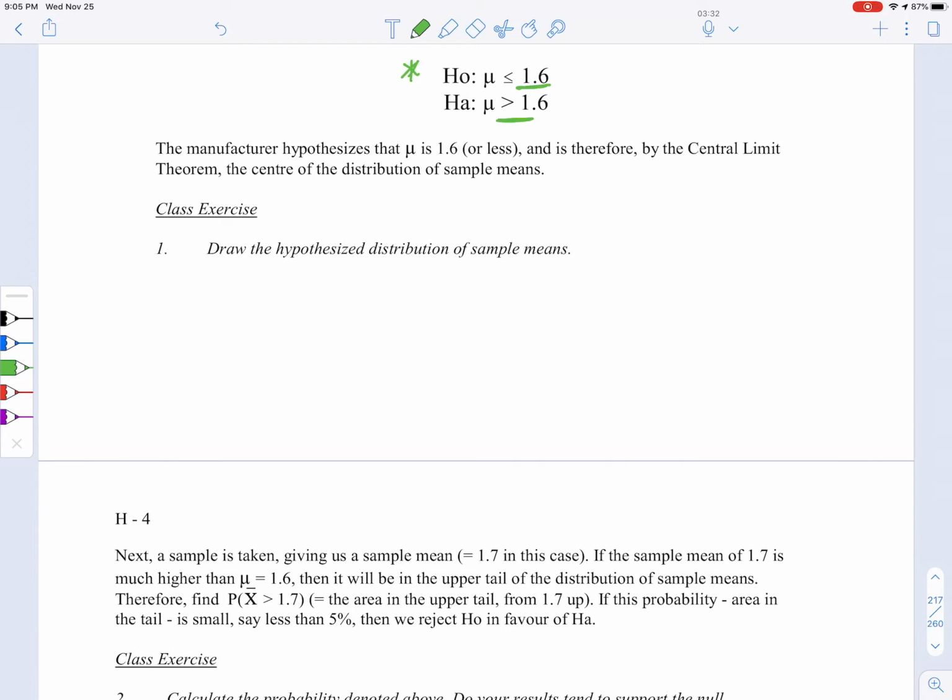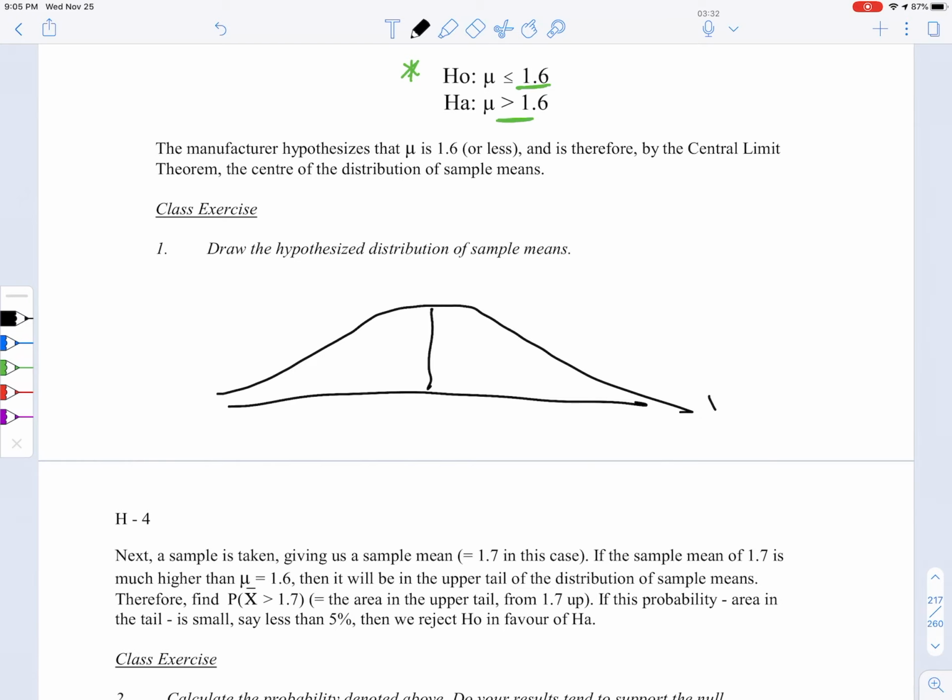which we're going to formalize actually in a bit here, is I want to go back to that picture that I drew here. So the distribution of sample means, according to the central limit theorem, looks like this. 1.6.